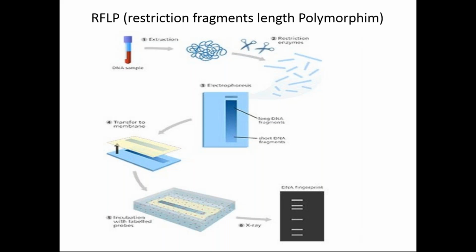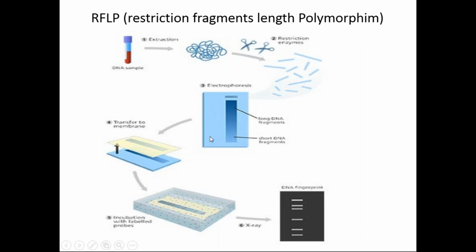Okay, so in restriction fragment length polymorphism, we digest the DNA extracted from the biological evidence as well as from the suspect and generate the fragments. In two different vials we generate the fragments, and both samples we load on two different wells and perform the electrophoresis.